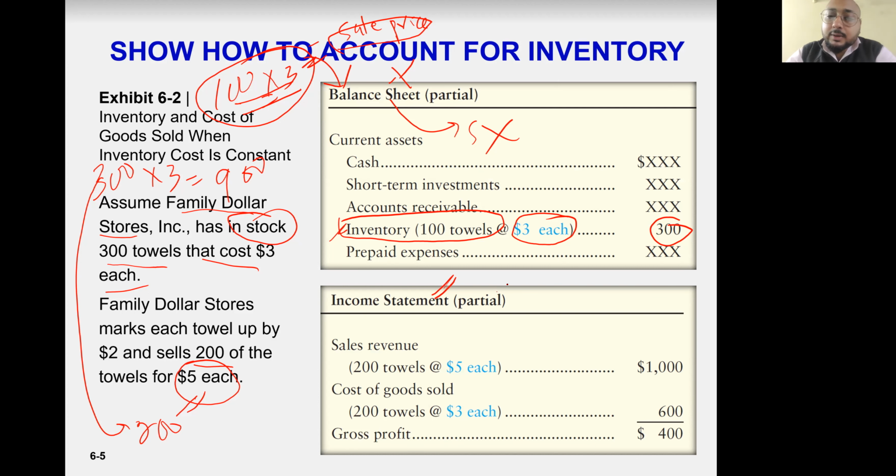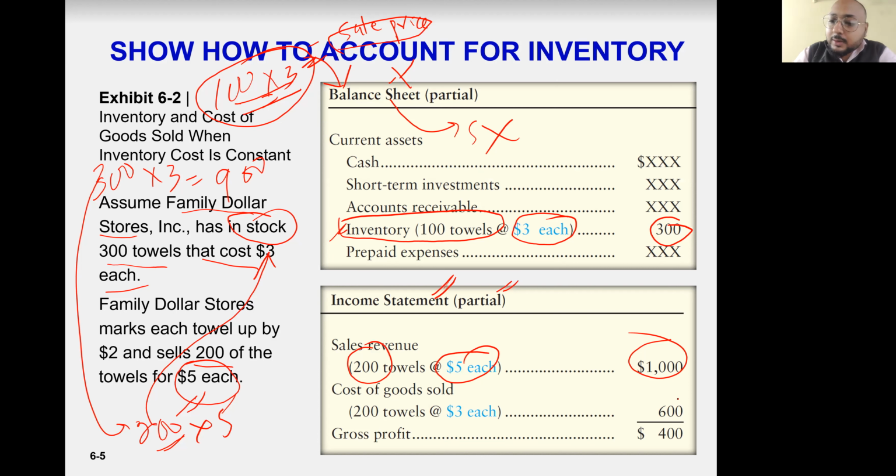And how are we showing our income statement? So how much did you sell? You sold 200 at the price of 5. So what is the cost of these 200 multiplied by 3?